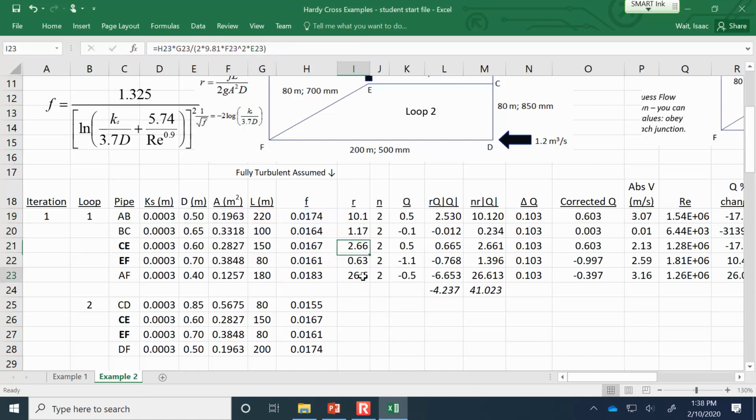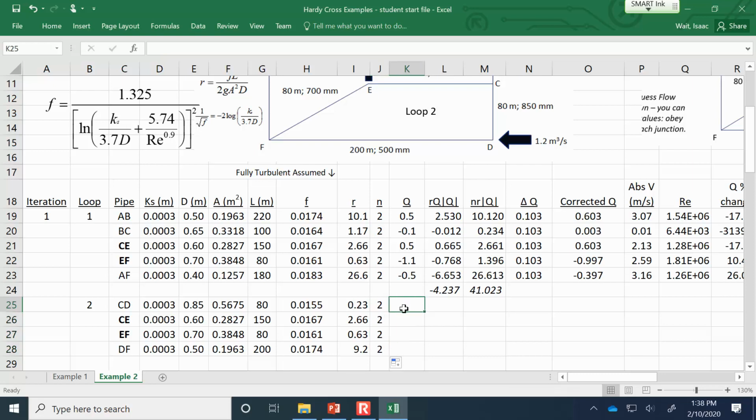I can highlight 4 of them and paste 4 of them, and it's going to calculate the R values just based on all of the numbers to the left. And so if I click on one of those, you can see it's doing the formula based on the data still in that row. Okay, the N value is 2 for all these pipes because we're going to continue to use Darcy-Weisbach equation for our energy loss.